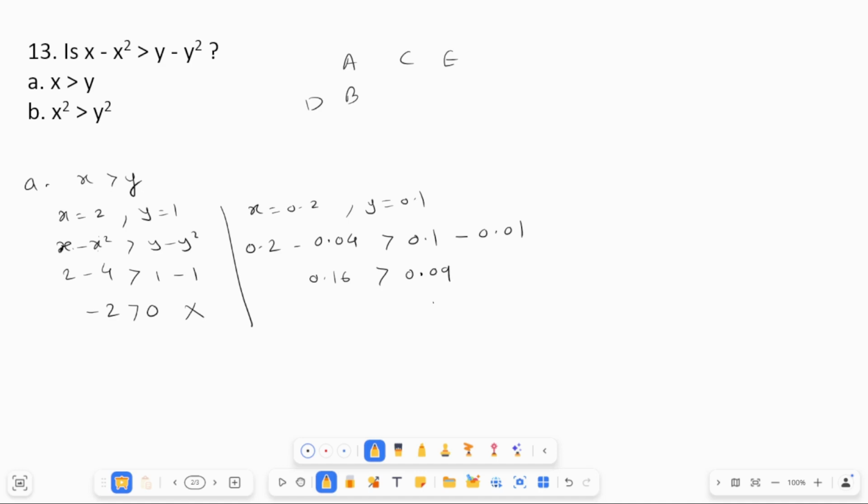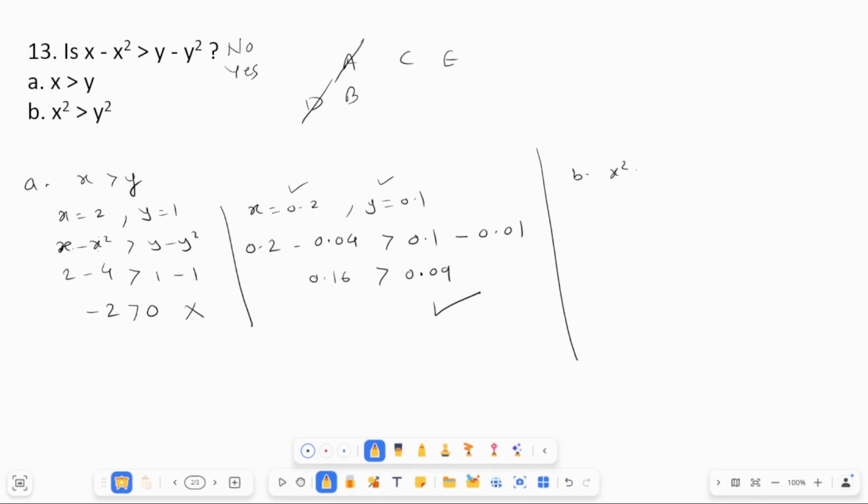Is this true? Yes, it is. That means for these values we get a definite no, and for these values we get a definite yes. So even though x is greater than y, for some possible values it says no, and for some values it says yes. Do I have a definite answer? No.